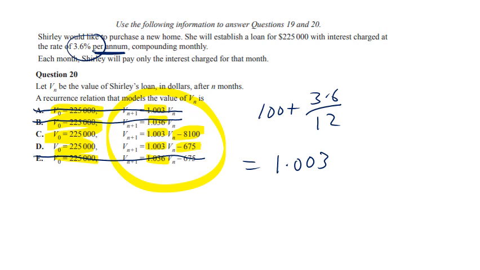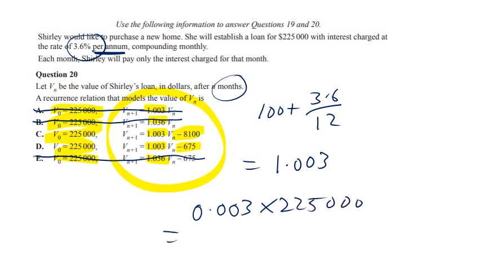Well, we've got to work out, and let's just check. It is for months here. So it is 0.003 of obviously 225,000. Just have to quickly hit your calculator for that. And that just gives you the 675.